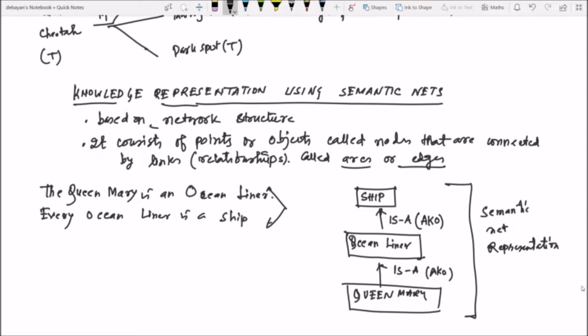So the question may come that they will give you something like this and you have to draw the semantic net. They can give you options for what kind of inference you can draw from this semantic net. That can be another question that may be asked.